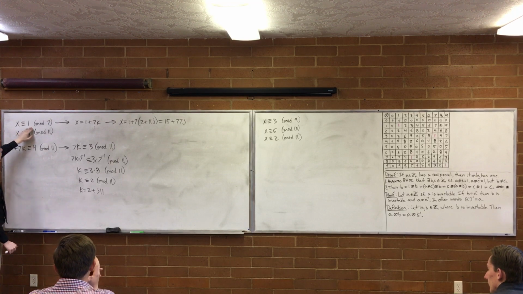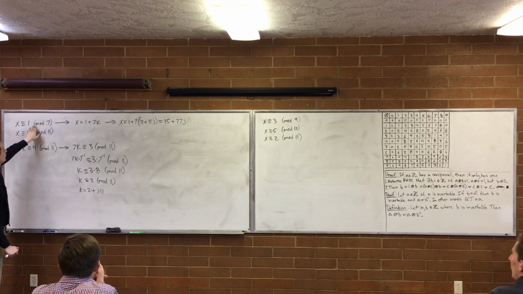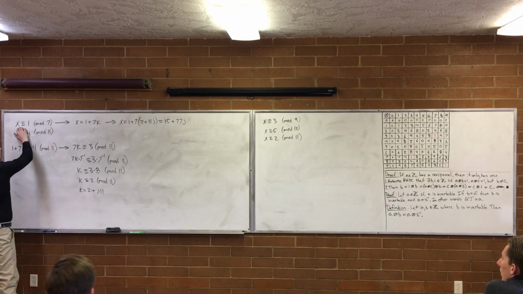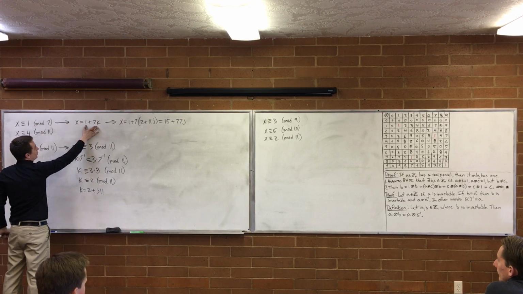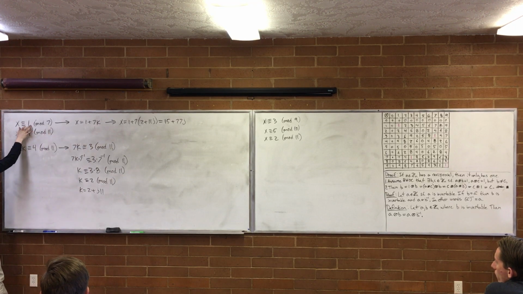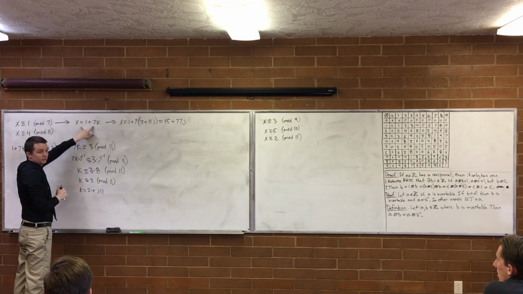Now from this top equation, all the things that satisfy it are of the form 1 plus a multiple of 7. So the number that satisfies both equations has to satisfy this equation, so it has to be of this form.